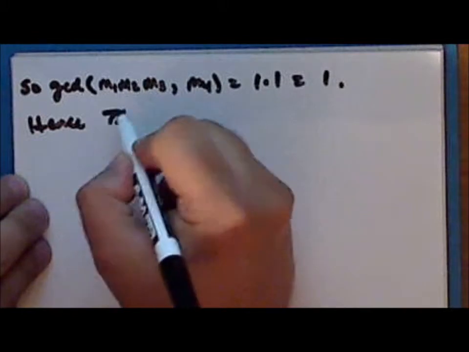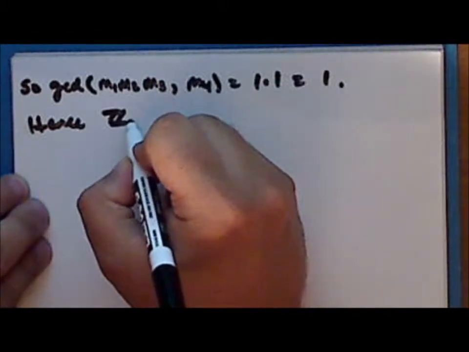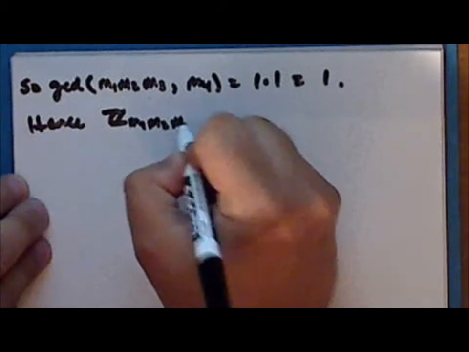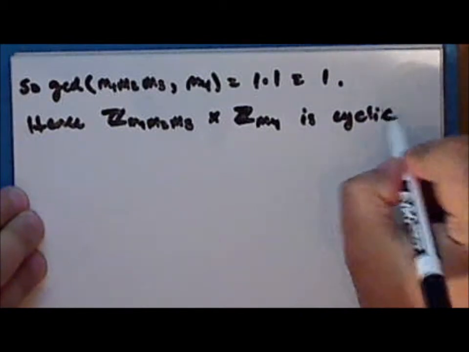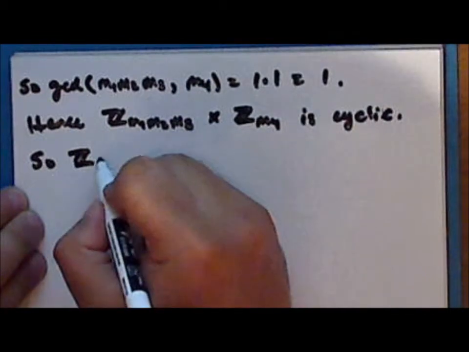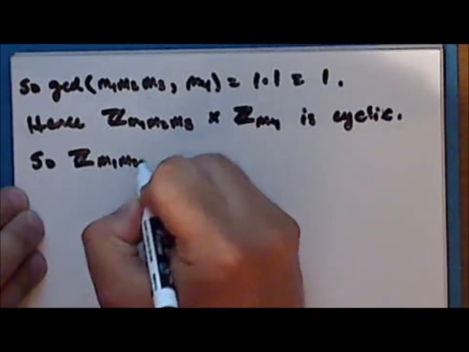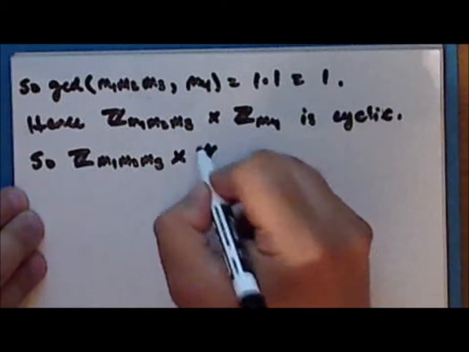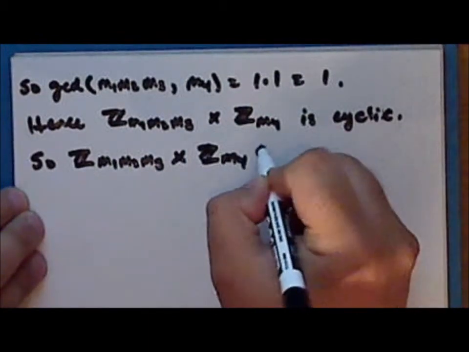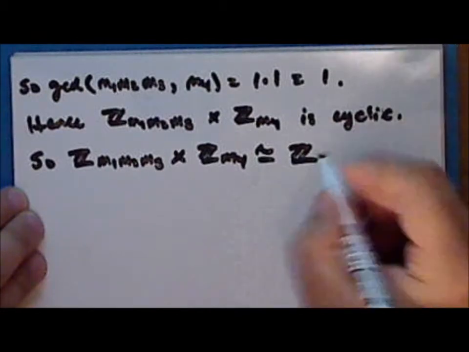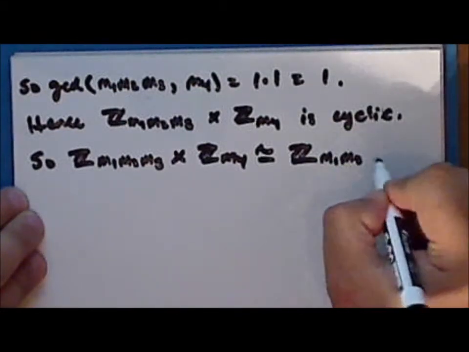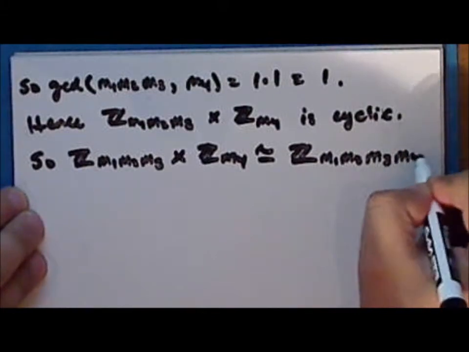And hence the direct product of the integers modulo m1 times m2 times m3 times the integers modulo m4 is cyclic. And so this product, the integers modulo m1 times m2 times m3 times integers modulo m4, is isomorphic to the integers modulo m1 times m2 times m3 times m4.